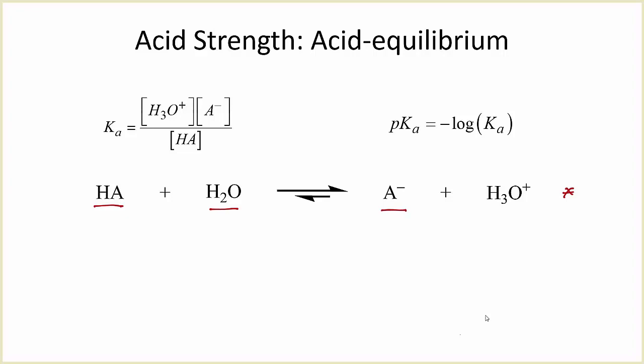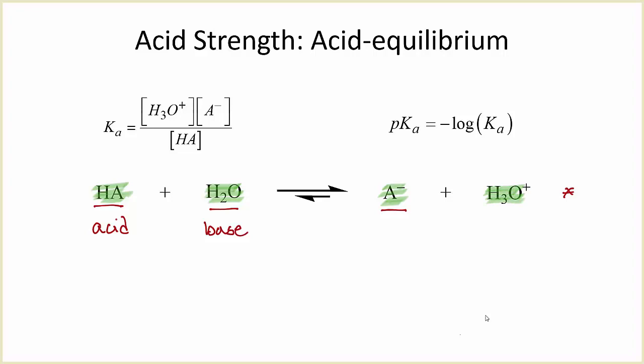This guy here had the hydrogen, and he lost it over here. So that means this is the acid, and this is the base, because if you look at its structure, it's H2O here, and it picked up the H plus, so it's H3O plus now.